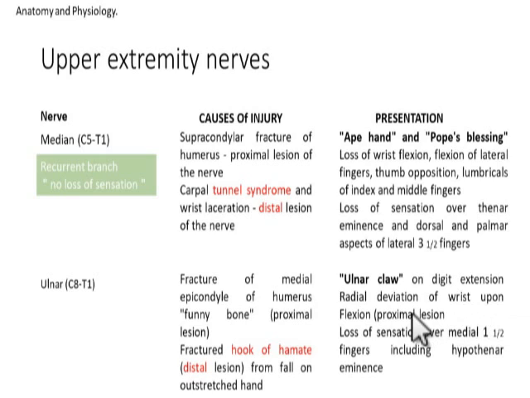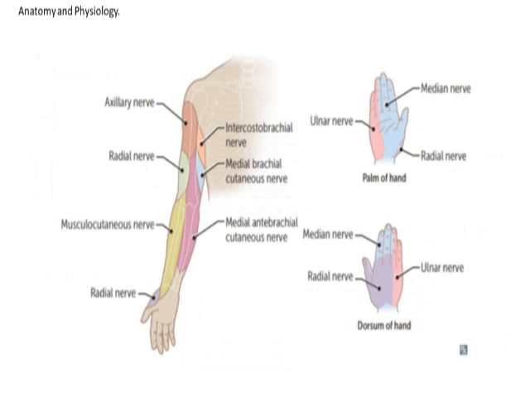The lesion of the ulnar nerve is something you have to learn if you want to pass the exam. If you are practicing in the clinic, you are also going to see that lesion of the ulnar nerve.